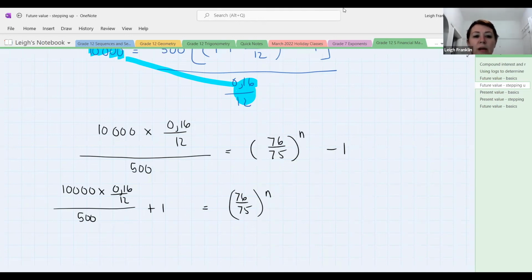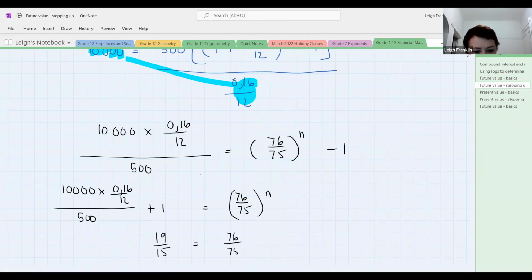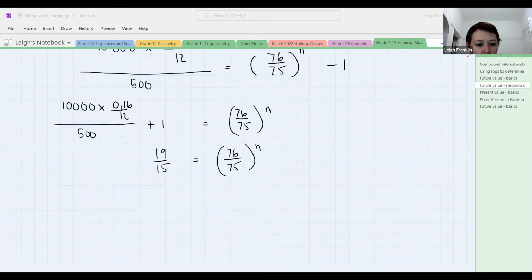What are you getting as your number, everybody? Oh, wow, you've already got an answer. You guys are so speedy. I'm getting 19 over 15 is equal to 76 over 75 to the n. Now I'm going to use logs.